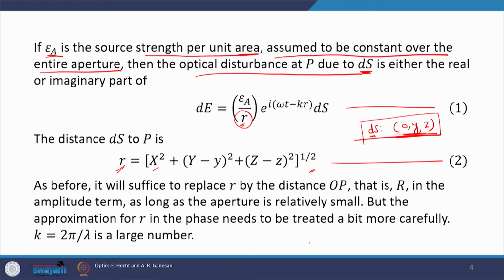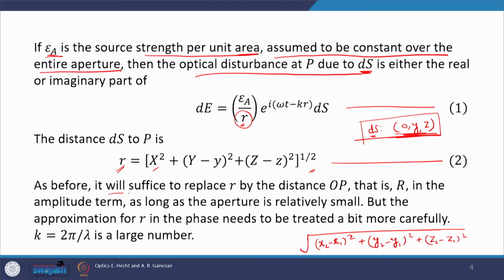Equation number 2 is nothing but this, the distance between 2 points whose coordinates are x1, y1, z1 and x2, y2, z2.